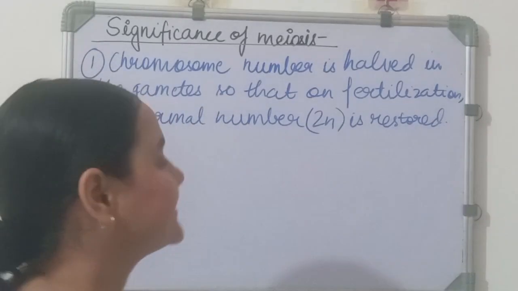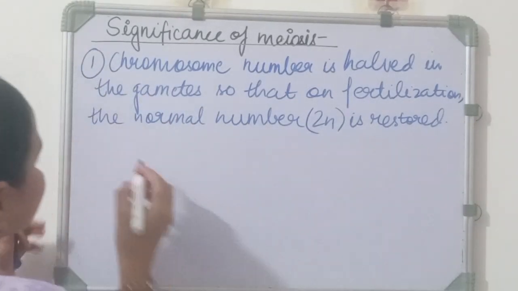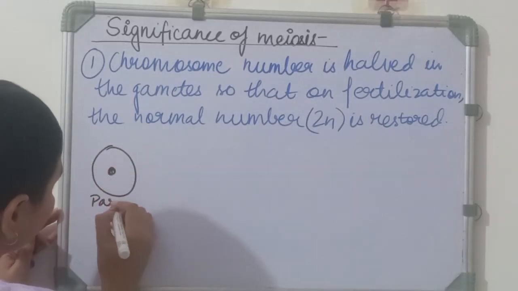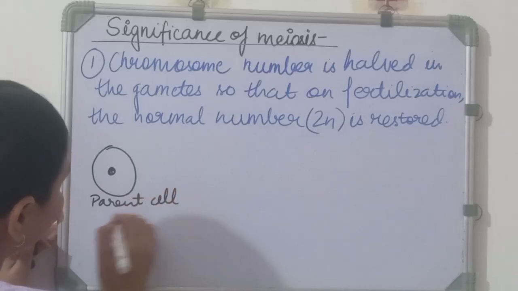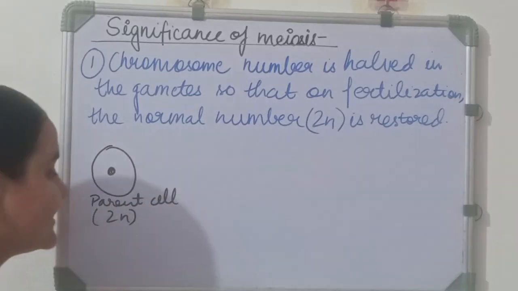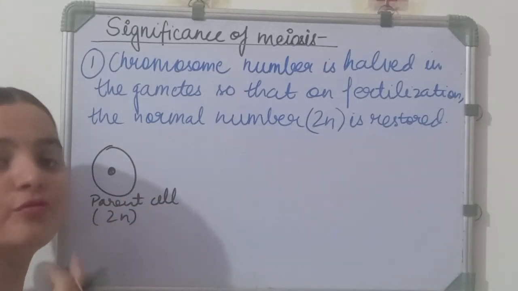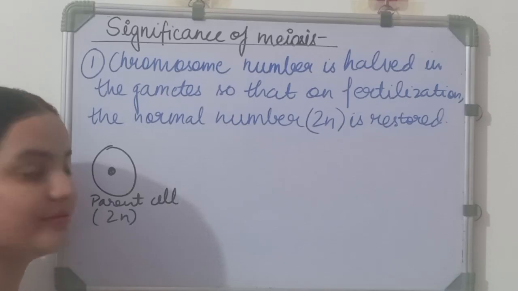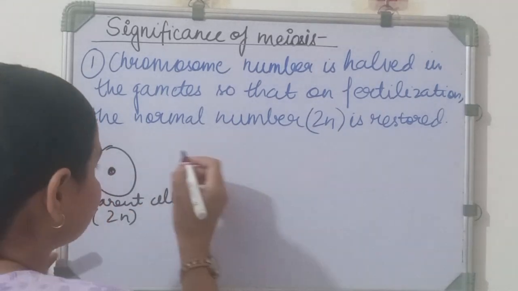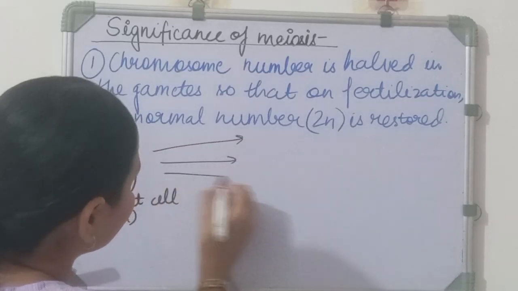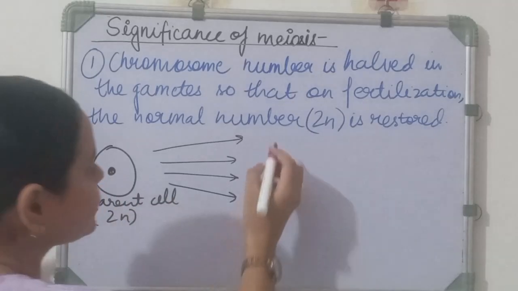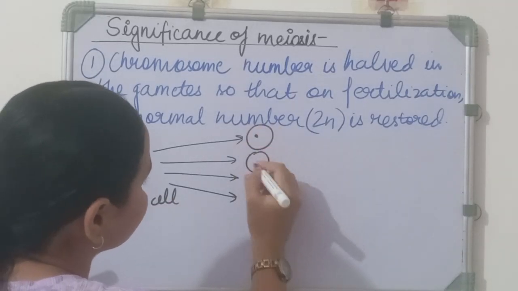Let's understand these points. Suppose this is the parent cell, and it has 2n number of chromosomes. Here the parent cell is in the testes in case of males and ovaries in case of females. This parent cell after meiosis will form four daughter cells. How they form four daughter cells is not within the scope of your syllabus, so just remember that after meiosis, four daughter cells are formed.